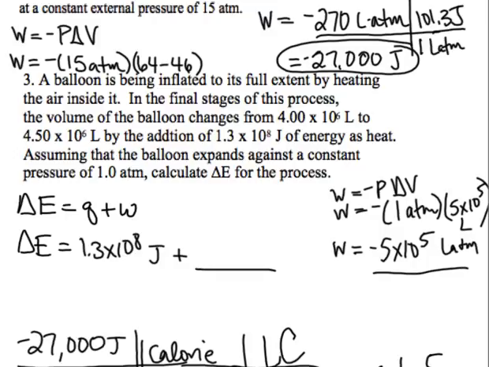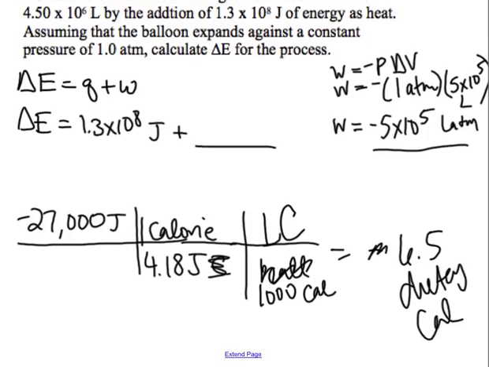What's wrong with it? I've got to be in joules in order to add it. This is where I need y'all, I can't do this math in my head. We know this is going to be negative because the balloon is expanding. 5 times 10 to the 5th, and for every 1 liter-atmosphere, I have 101.3 joules.